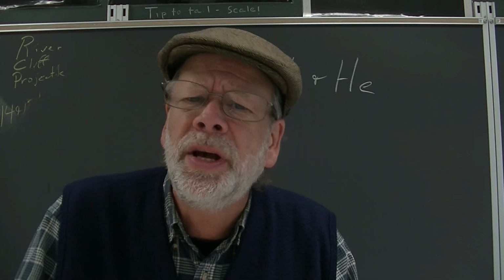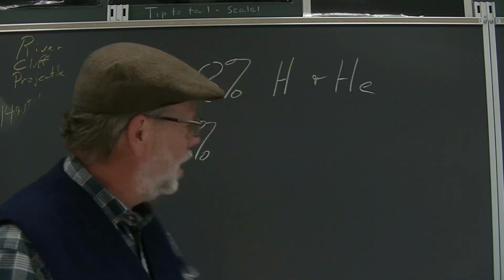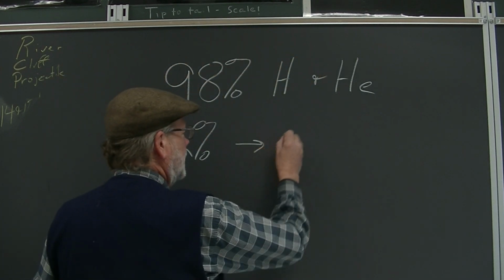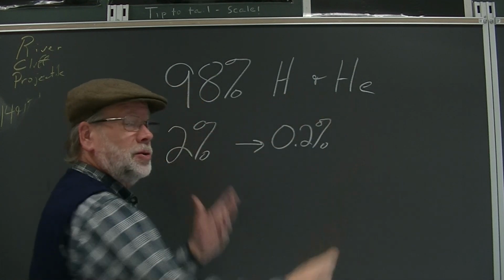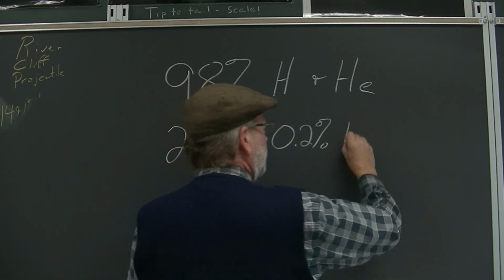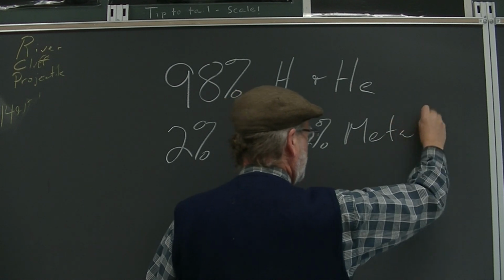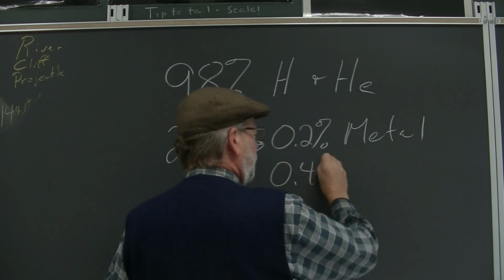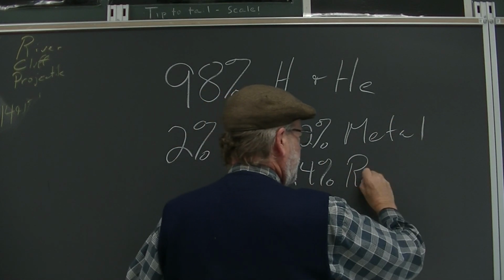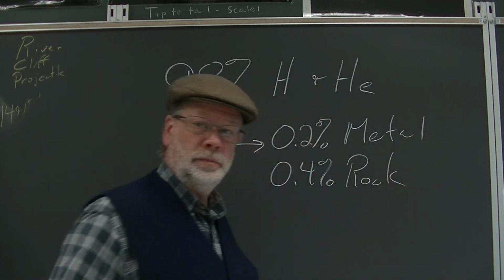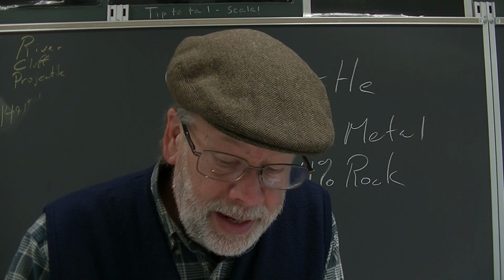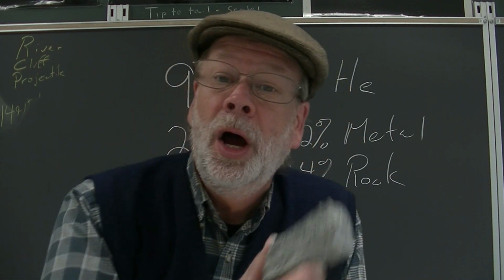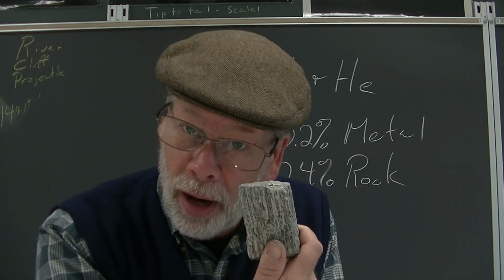So what is that 2%? What is that material made of? Well, of that 2%, 0.2% of the entire solar nebula is metal. 0.4% is rock. Okay, well, what do we know about metal and rock? Well, we know that even at fairly high temperatures, a rock is happy to stay a rock.